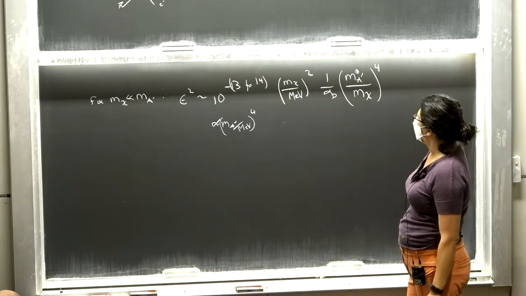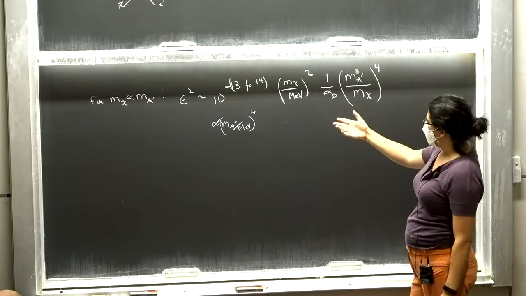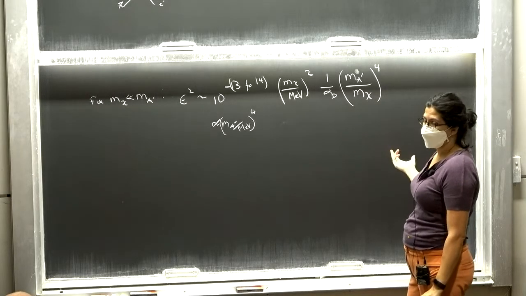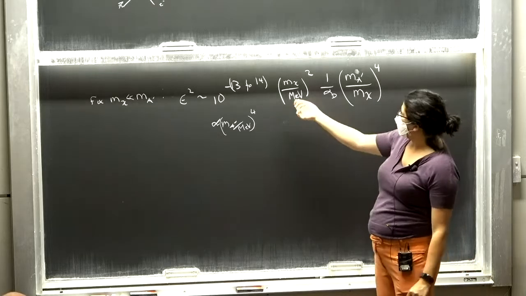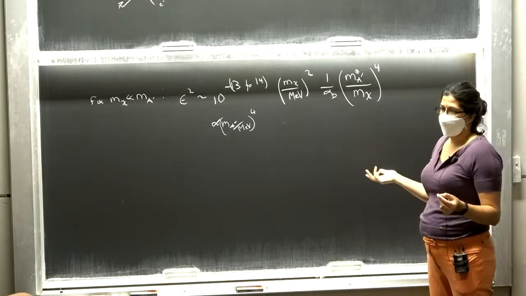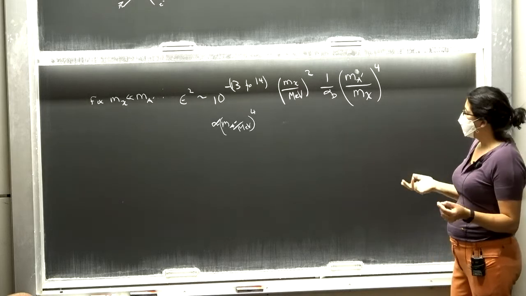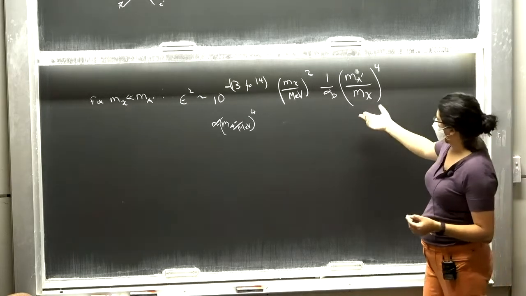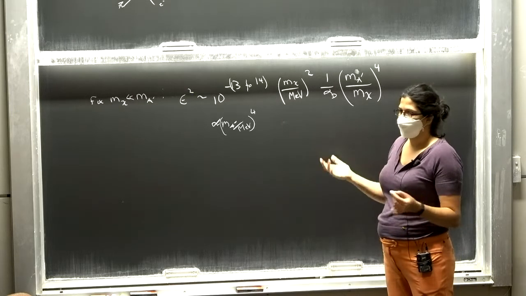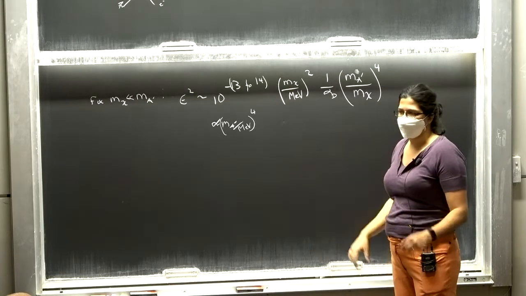On the other hand, clearly if I'm considering a 100 MeV A prime, and I go from thinking about MeV dark matter to thinking about 10 MeV dark matter, I'm getting a very dramatic change in what kind of epsilon I want to be probing in order to test the thermalization of that 10 MeV dark matter.